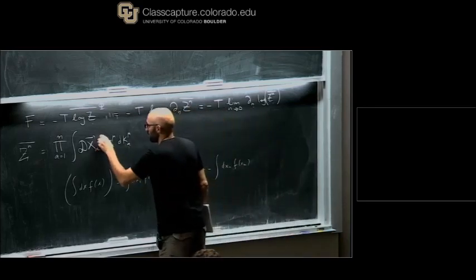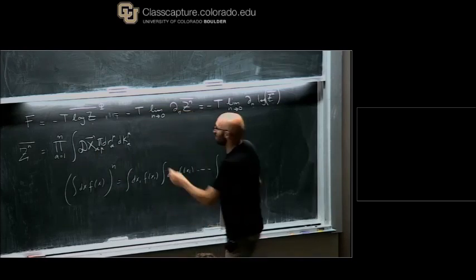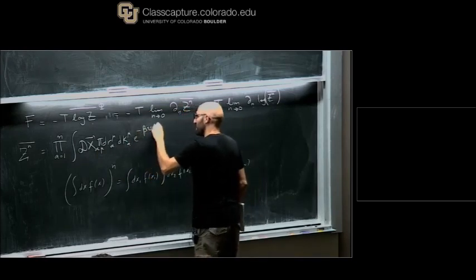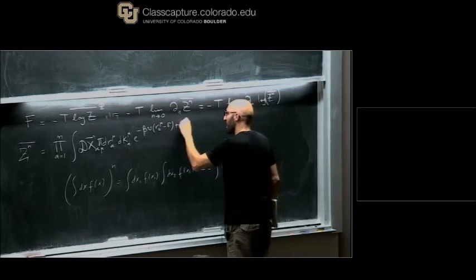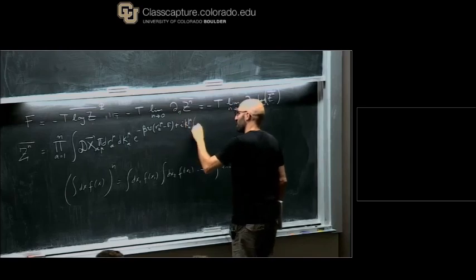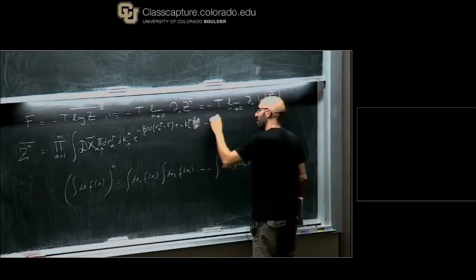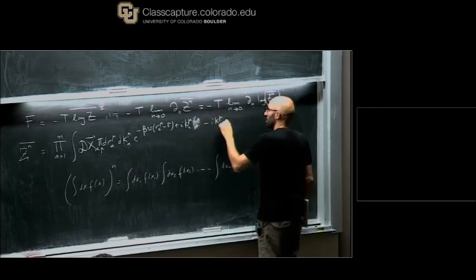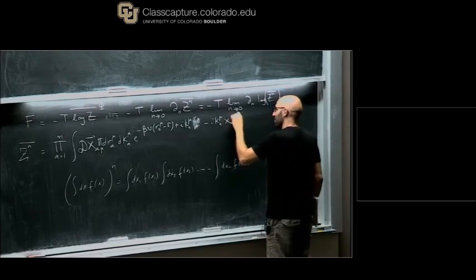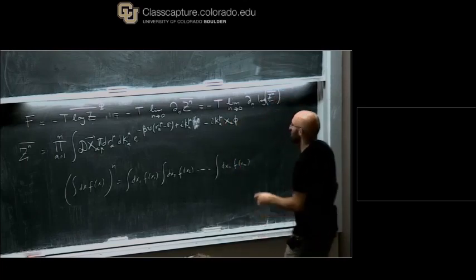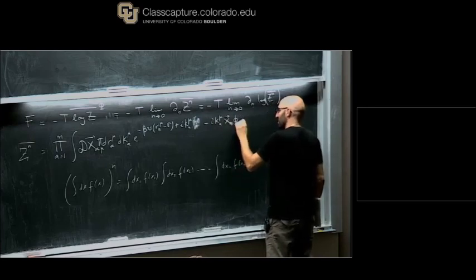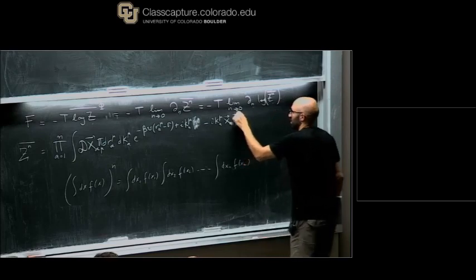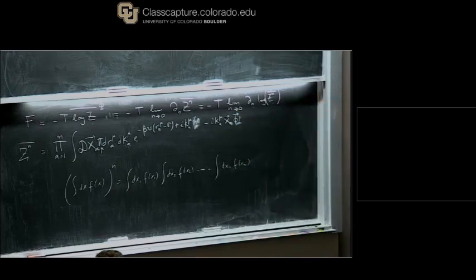Here I have a product over mu, and then I have e to the minus beta V of r_a mu minus sigma, plus I k_a mu times r_a mu, minus I k_a mu x_a phi_mu.